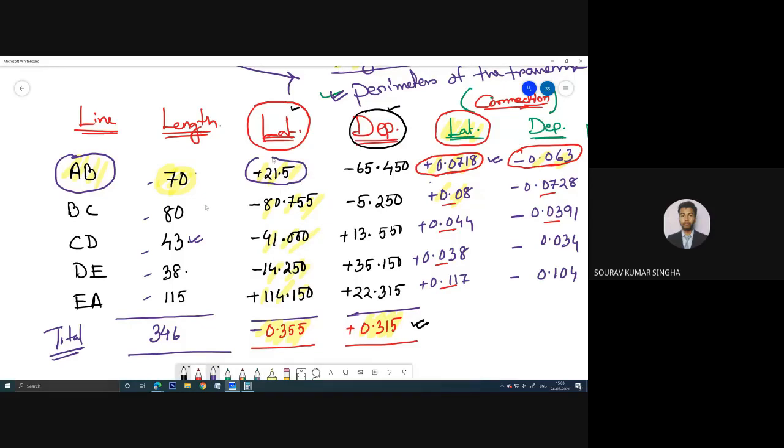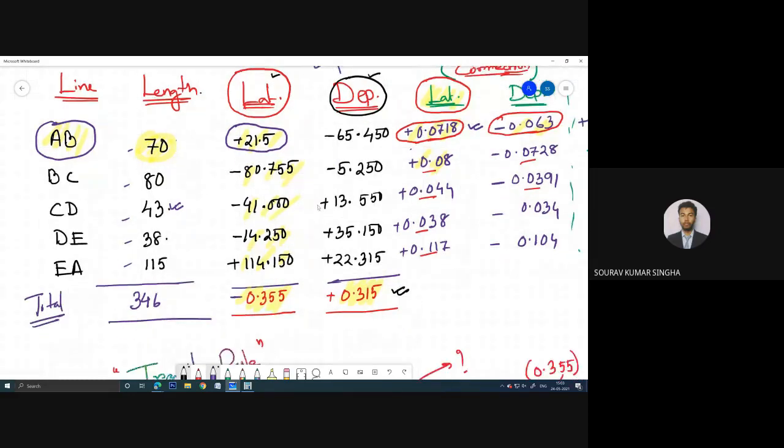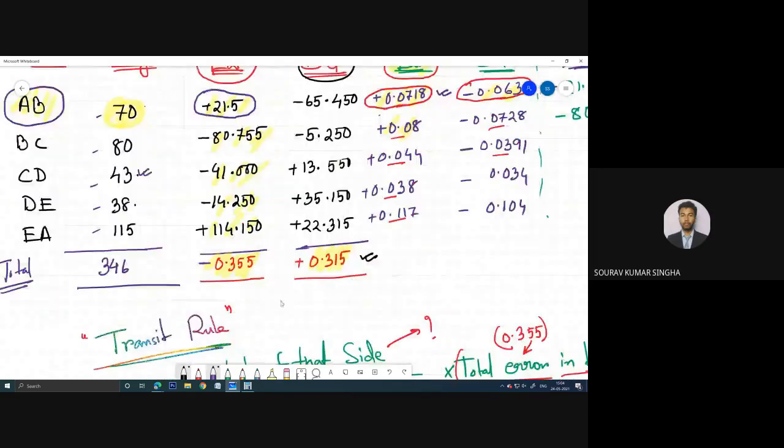Plus 21.5. We are not going to consider any sign. Remember, when we are applying the transit rule, we are not going to see any sign, whether it is positive or negative. We are just interested in the value. So the latitude of that side is 21.5. Is that clear?